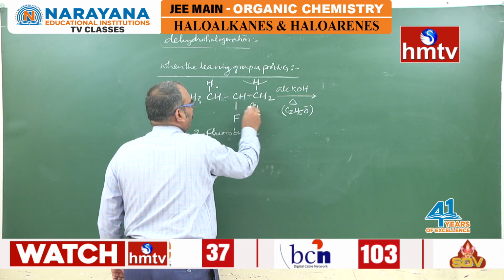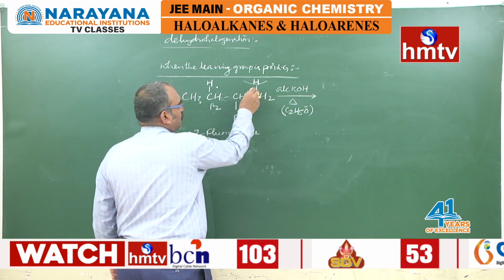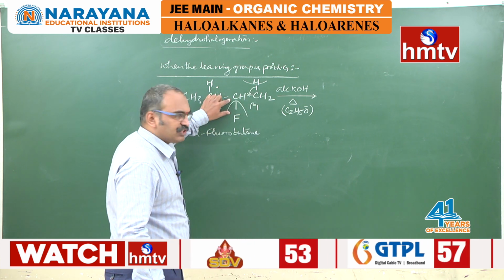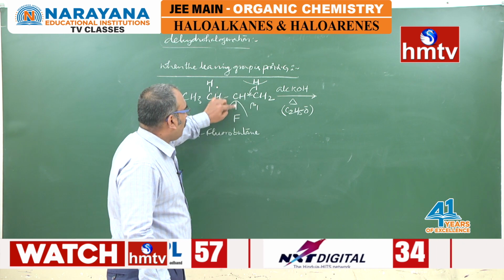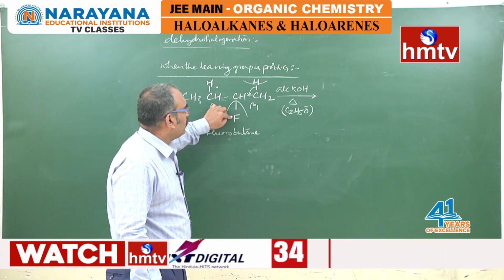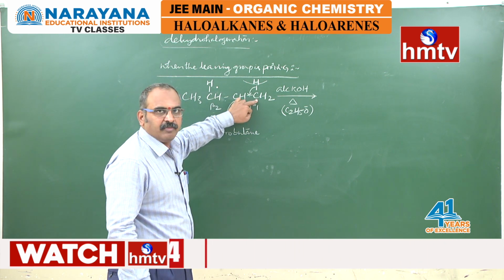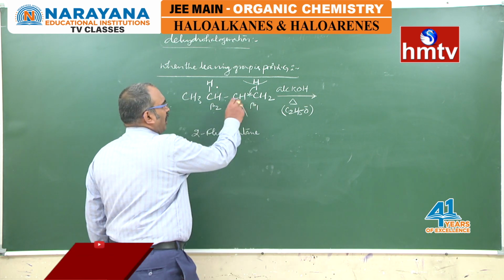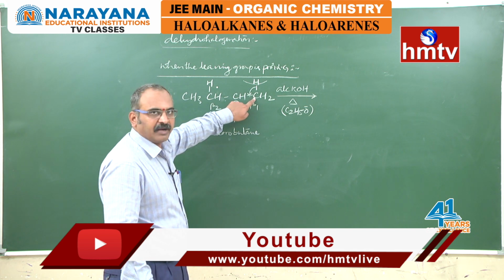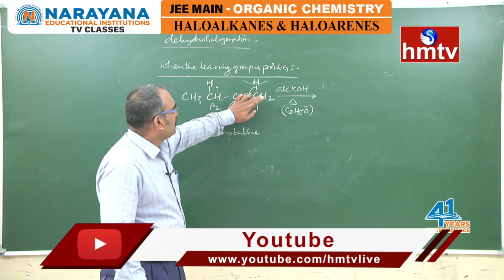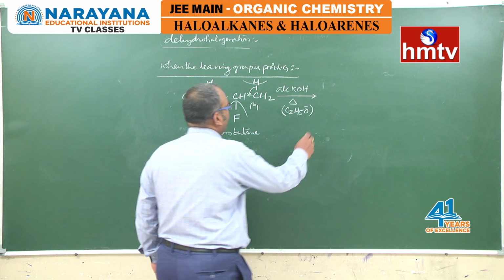This is beta 1, removed from beta 1 rather than from beta 2. Because the CF bond is stronger, by the time the CH bond is broken, the CF bond is not completely removed. That is why some carbanion character will be achieved, forming a carbanion, and the more stable carbanion is obviously the primary carbanion. So that is why this hydrogen is preferentially eliminated.